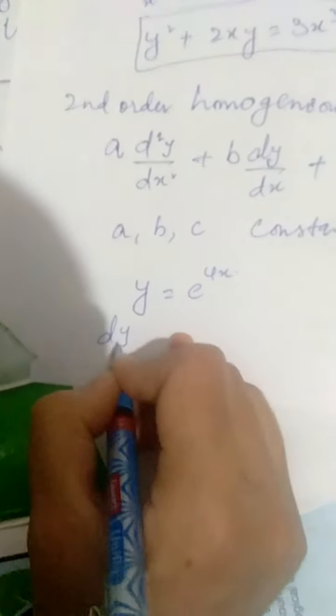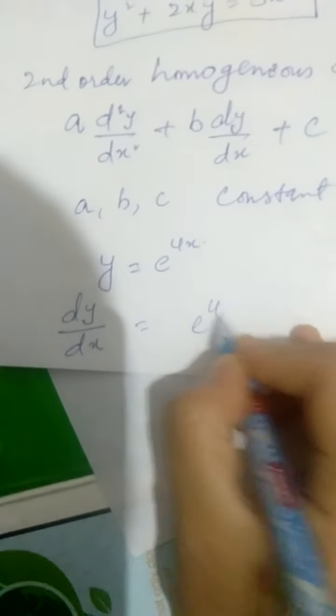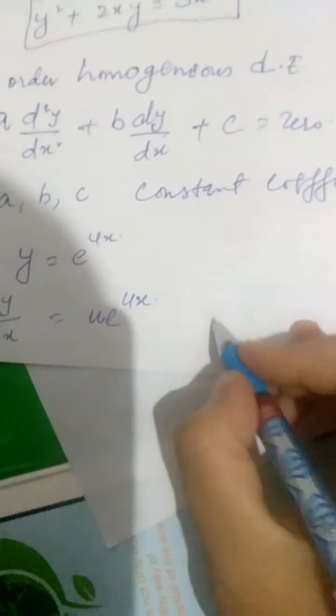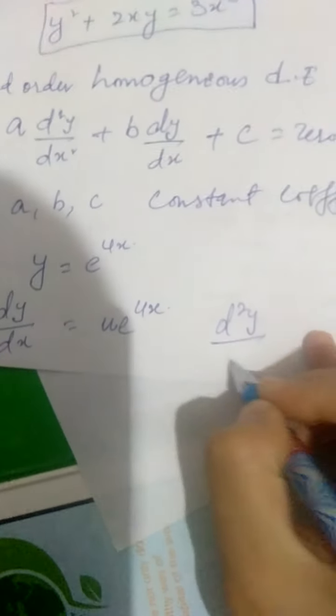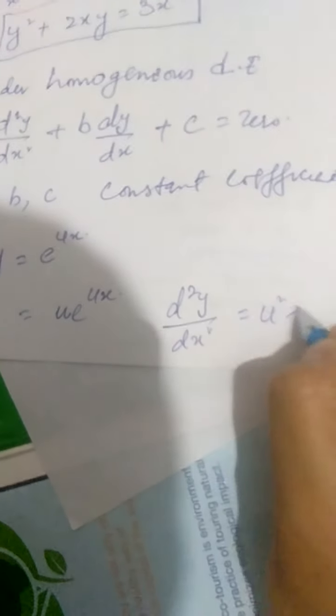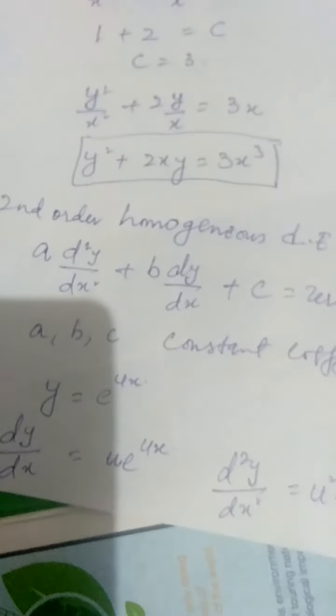Now let's differentiate y with respect to x. So it is e to the power ux, and then u will be here. Then what is the second derivative? Because we need the second derivative now. This is equal to u square times e to the power ux. Now if we use these terms here, what do we get?